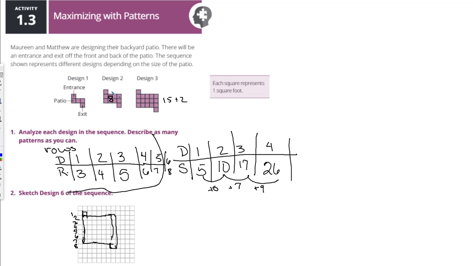And so design 3 has a 3 by 3 in the center. Design 6 should have a 6 by 6 in the center. Is it design 2, design 1? Did I do a 6 by 6 in the center?